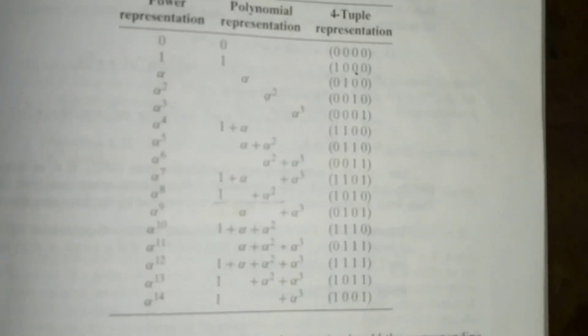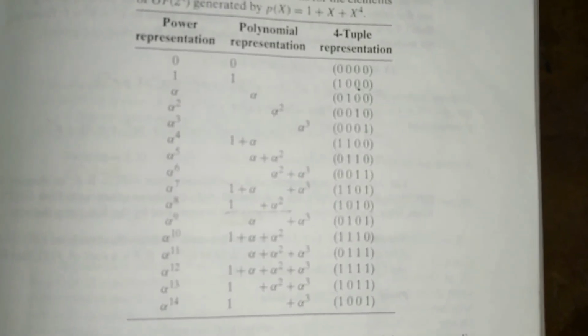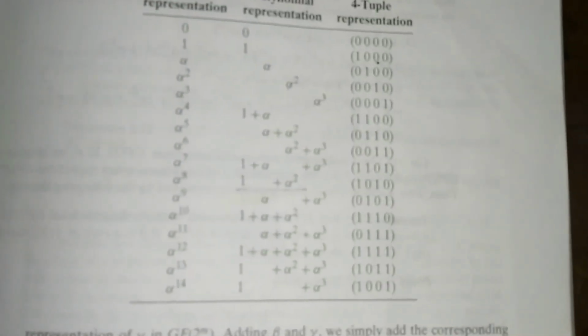For the equations, I have referred to this table. Here also I have taken the generator polynomial and the equivalences. For example, alpha power 4 is 1 plus alpha, alpha power 5 is alpha plus alpha square, alpha power 6 is alpha square plus alpha cube. I used all these.